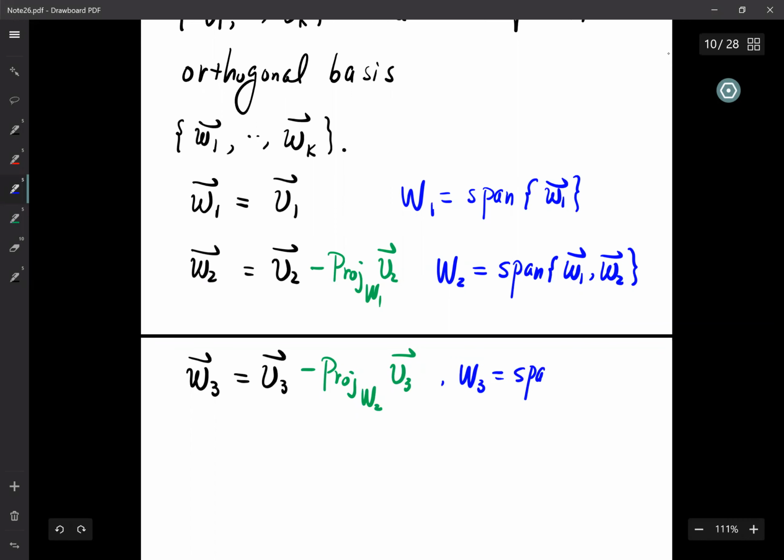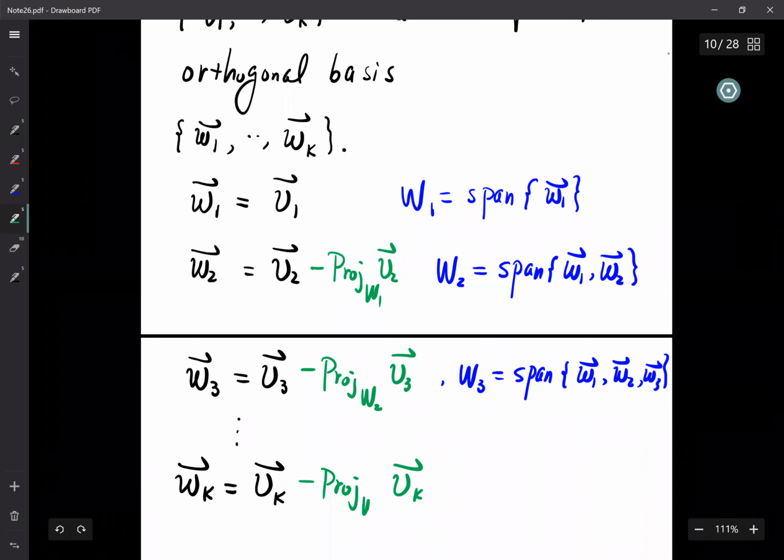Now I can just keep going until Wk is Vk minus the projection of Vk onto capital W(k-1). And that's it.